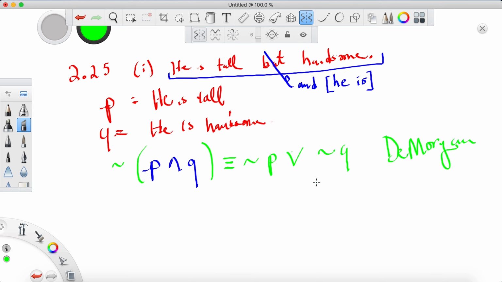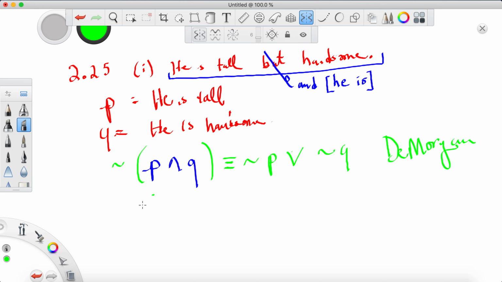Okay, now we want to translate this back into plain English. So he's not tall. You might say, you maybe don't want to say he's short. And this is where we get into the fact that not everything is true or false, right? Not everything has a strict opposite. Obviously there's people that are tall, there's people that are short, and there's people that are neither.